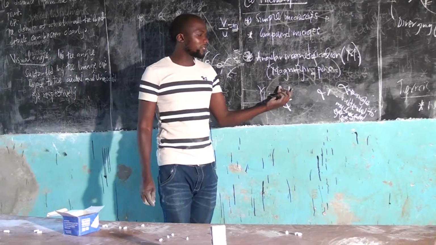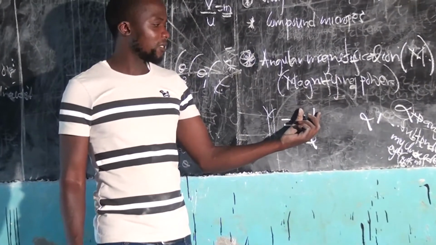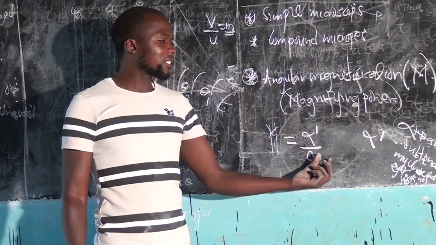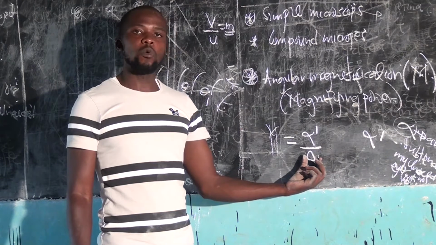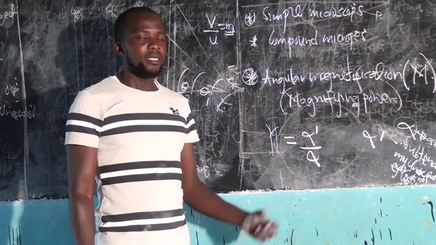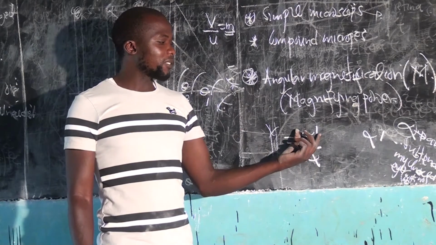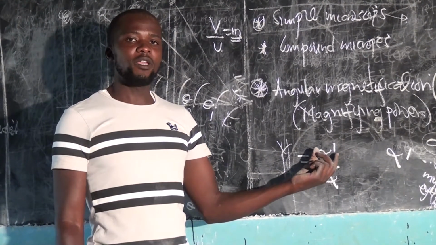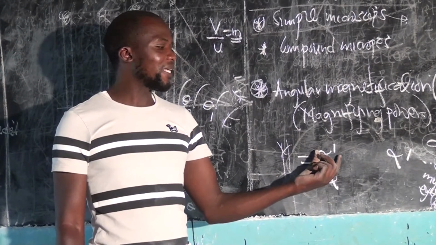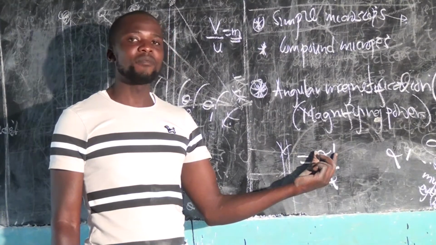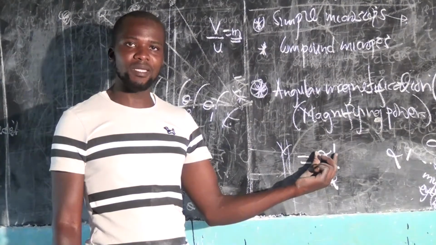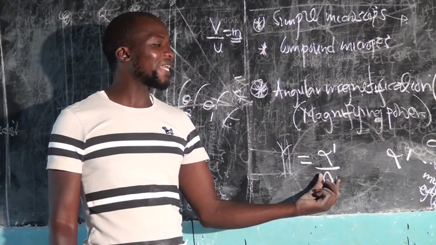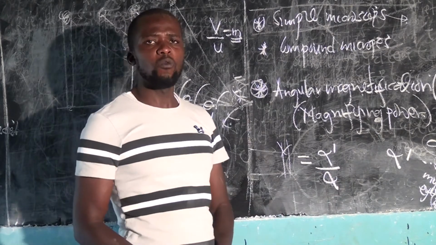Ratio of the angle subtended by the image to the aided eye to the angle subtended by the object to unaided eye. Let me repeat. The angular magnification or magnifying power is the ratio of the angle subtended by the image to the aided eye, or the eye with an instrument, to the angle subtended by the object to unaided eye, or the eye with no instrument.